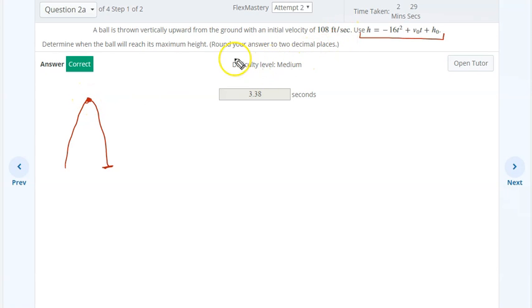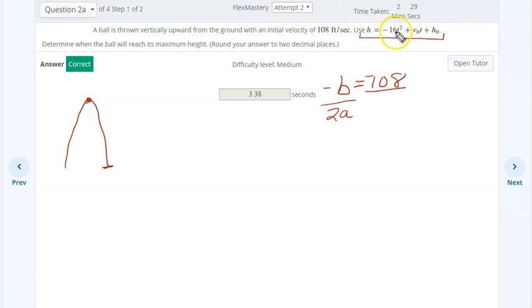So substituting these values now, we have our B is a 108. Our A, and we have to make that a negative because we're looking for a negative B over 2A. Now A is a negative 16.